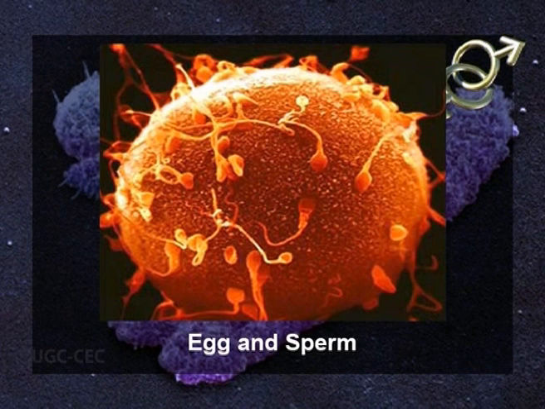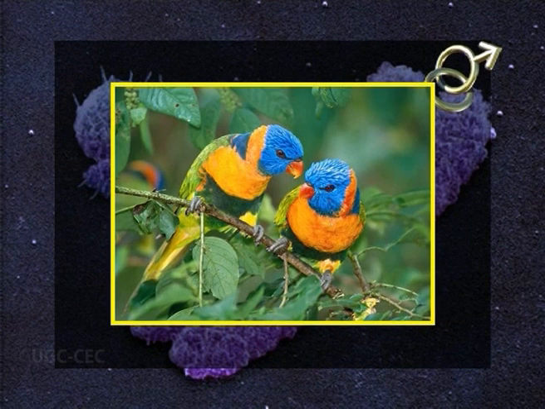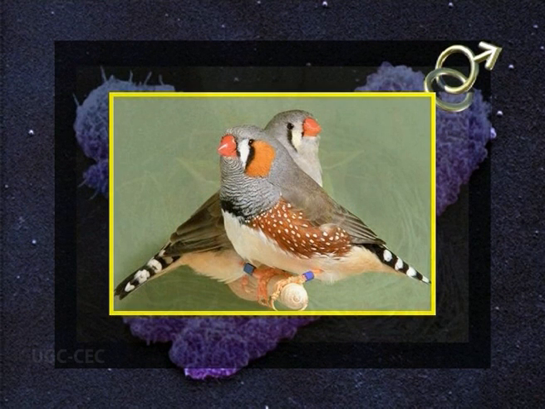If an egg is fertilized by a sperm carrying an X chromosome, an XX or female embryo will result, while fertilization of the egg by a Y bearing sperm will produce an XY or male embryo. In some organisms, including birds, the female contains the unlike pair of sex chromosomes. Thus, in these cases, the mother determines the sex of the offspring.